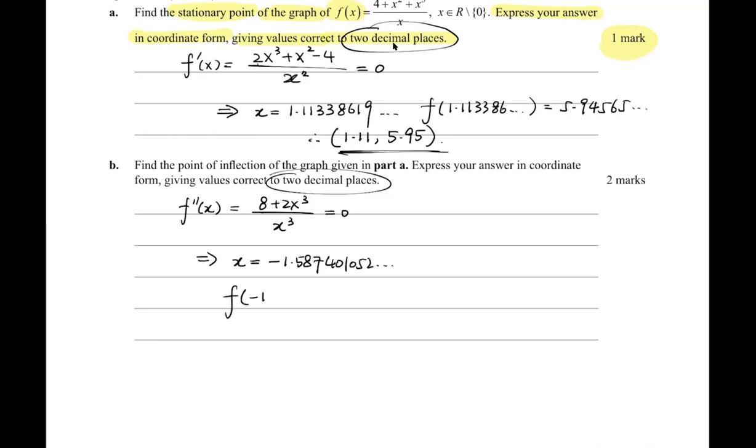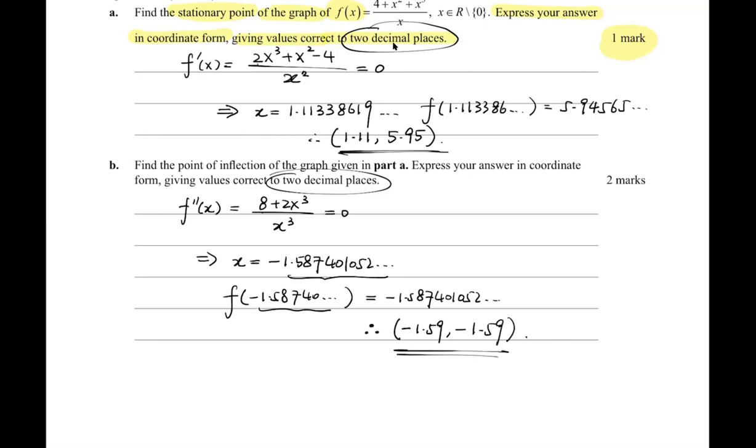So f of minus 1.58740, blah, blah, blah. Remember, I'm quoting everything here. I kept all digits for better accuracy. This will give you 1.587401052, blah, blah, blah. So the point of inflection is minus 1.59, minus 1.59, okay? For a 2 marks question, you need to demonstrate some methodologies, okay?